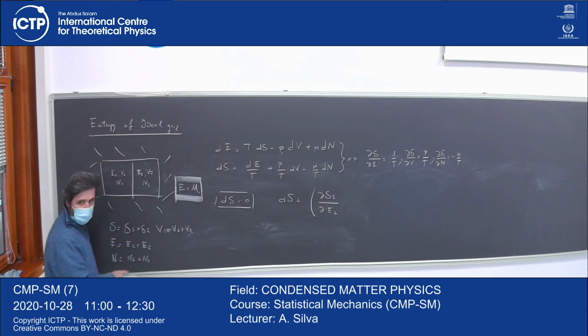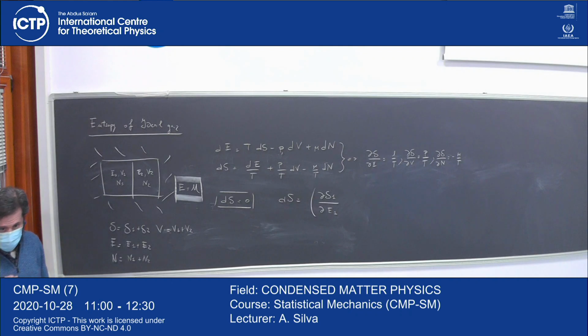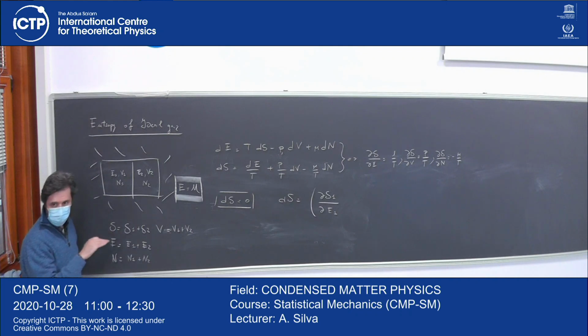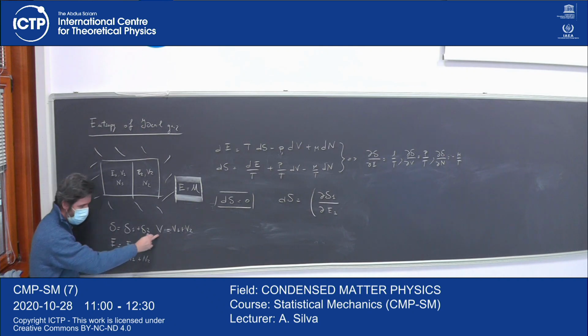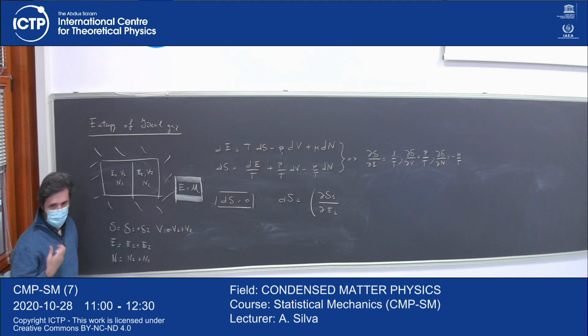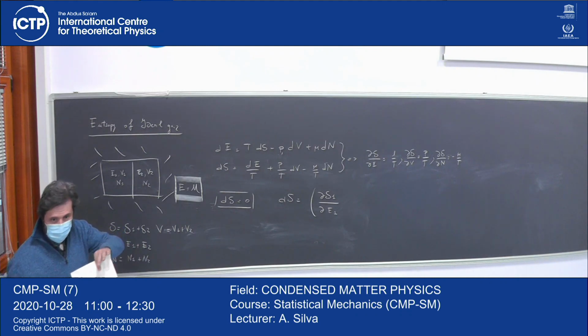You see, I'm dealing with 4 variables that are all extensive and whose sum is fixed, given. In particular, the total entropy does not change, the total energy does not change, the total number of particles does not change, the total volume does not change. Only the two pieces can change.